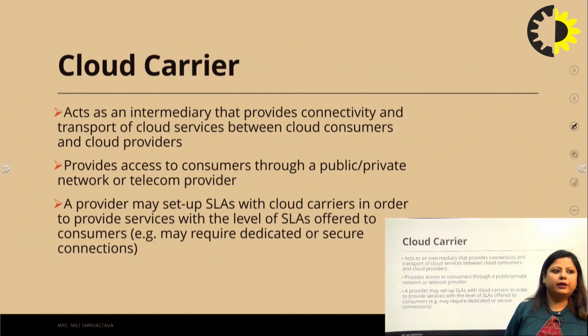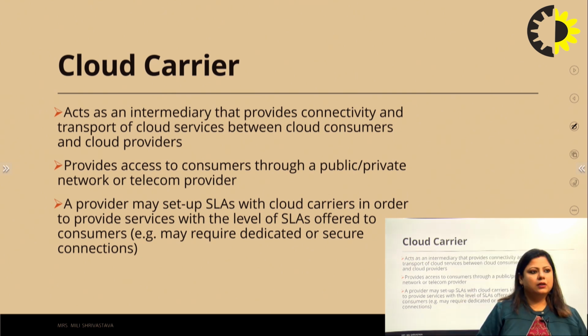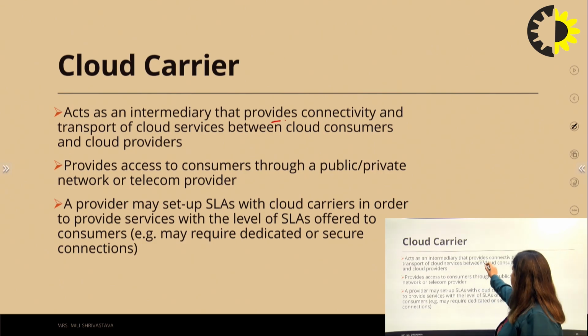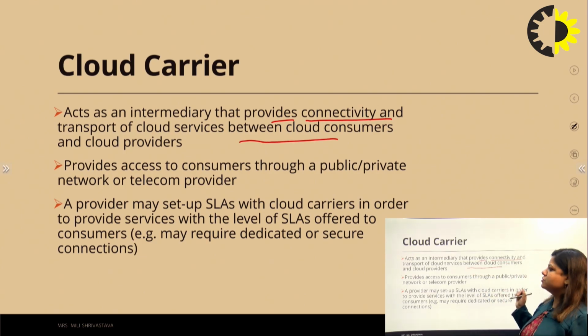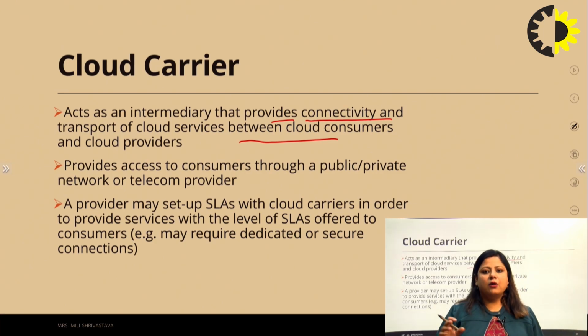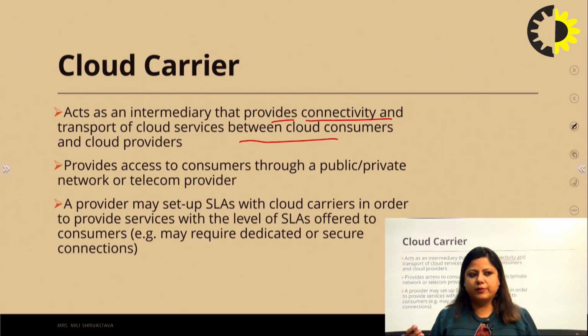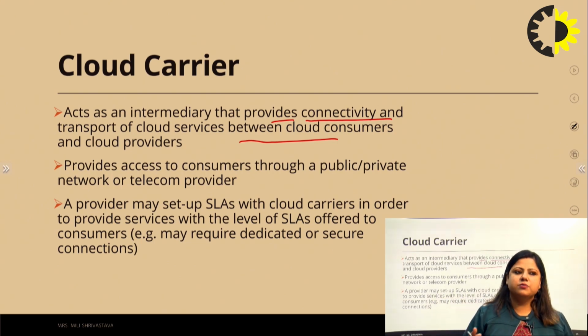Now next is cloud carrier. What is cloud carrier, and what is the requirement of cloud carrier? So basically cloud carrier acts as an intermediary that provides connectivity and transport of cloud services between cloud consumer and cloud provider. So cloud carrier basically works like transport between cloud consumer and cloud provider, and it provides connectivity and transport also.